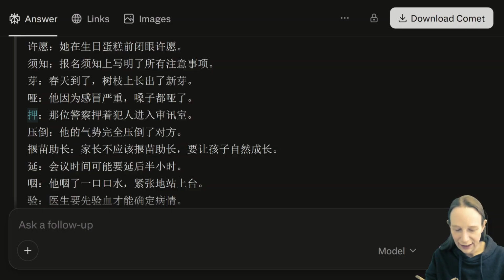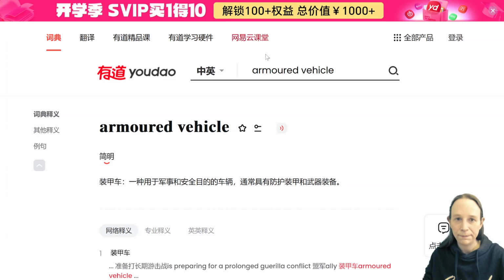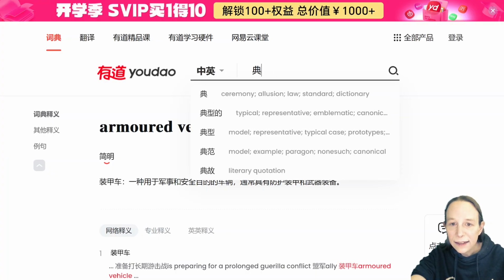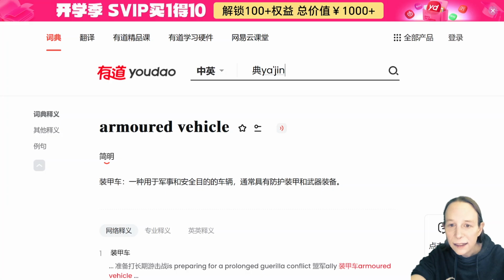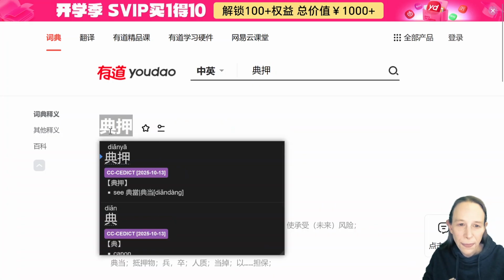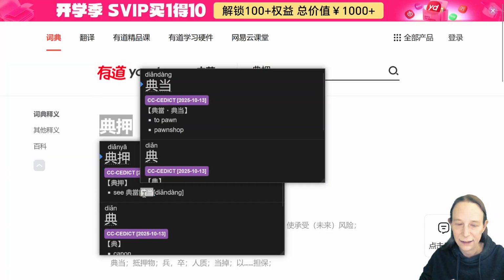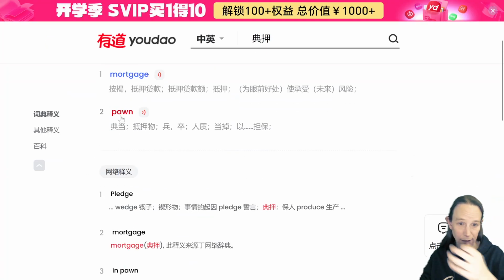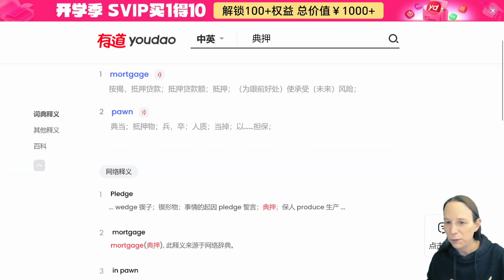押金, 点押, what is 点押? This one, 点押. 点定. Sorry, what is pawning? If you pawn something, do you get it back?